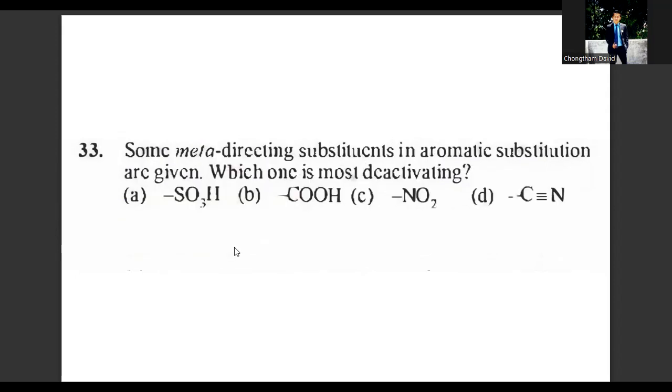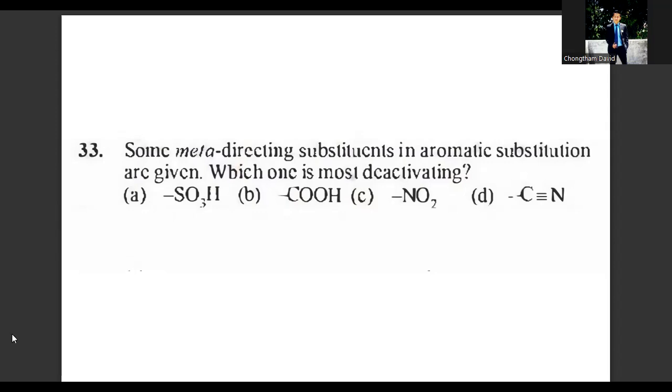Question number 33. Some meta-directing substituents in aromatic substitution are given. Which is the most deactivating? The decreasing order of deactivating effect of the given meta-directing groups will follow according to the given options.